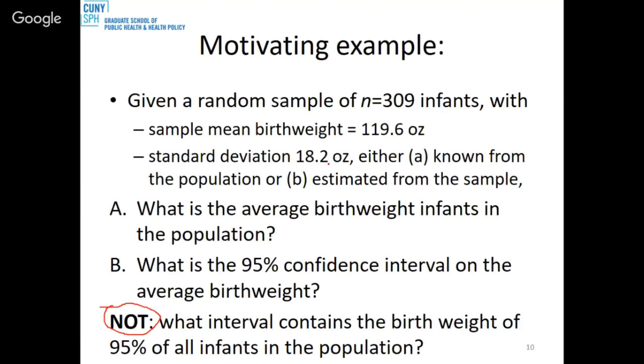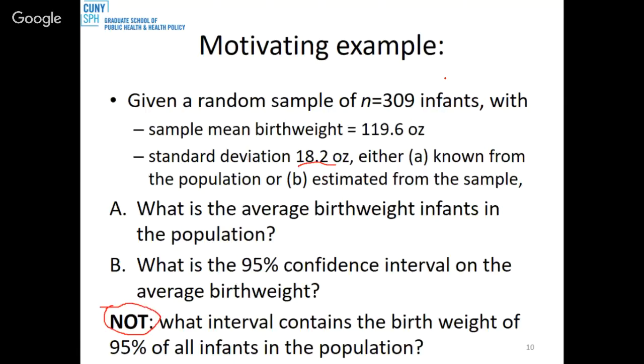So as just a quick spoiler on this, what is the standard error? So the variability of the sampling distribution if you were to take repeated samples of n equals 309. The actual number or the formula? Oh, the formula. You would take 18.2 over the square root of 309.